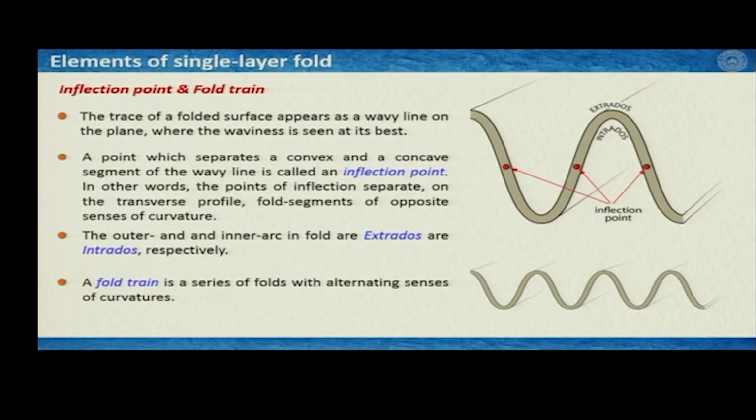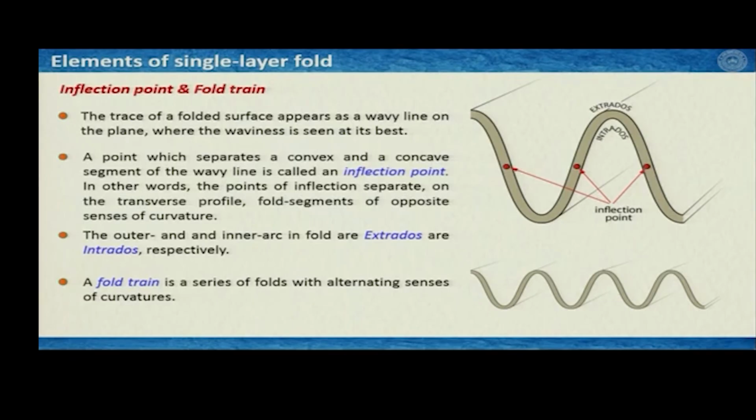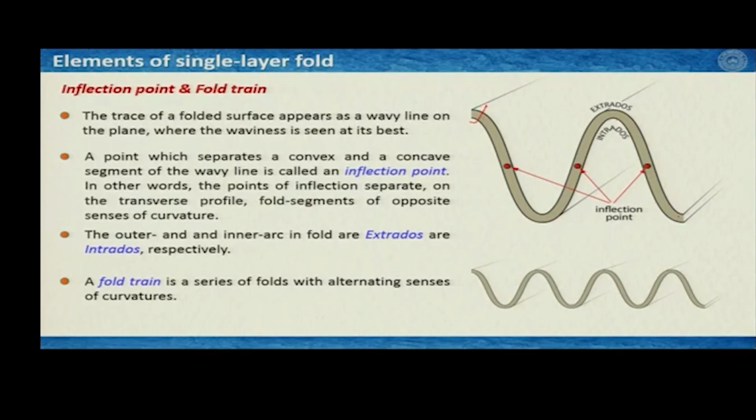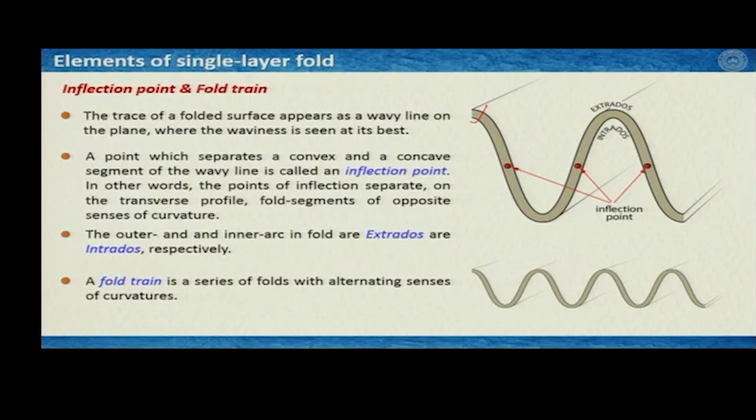As we talked about, the trace of a folded surface appears as a wavy line on the plane where the waviness is seen at its best. Let us take this example. This is a folded layer, as you can see here, this light brown layer that got folded, and we are seeing this along a section where this waviness is best visible.